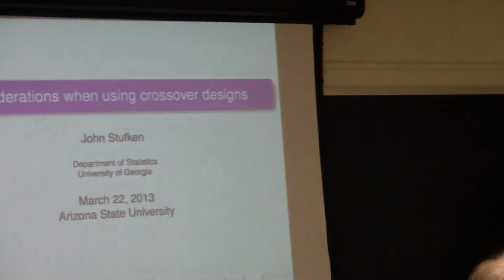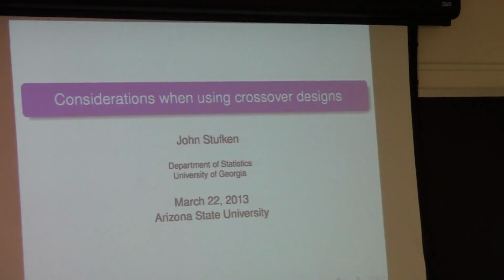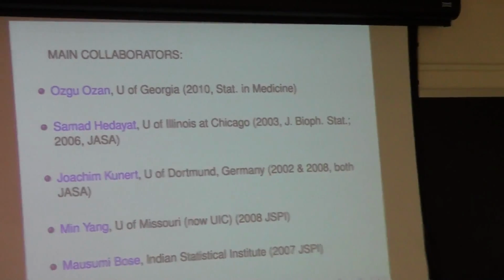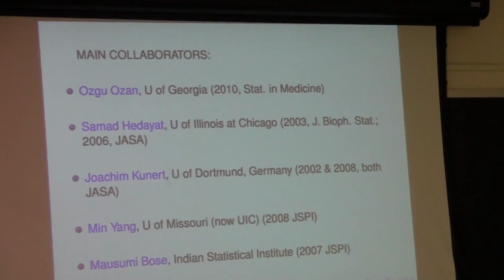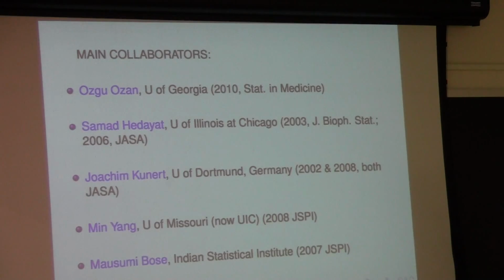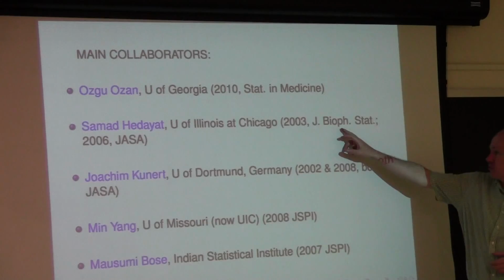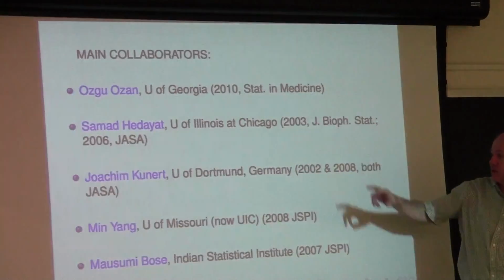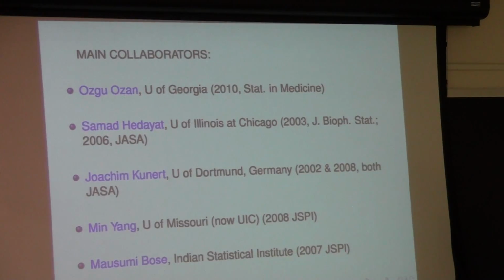It's a topic that I have worked on off and on for a long period of time. Here are some of my collaborators on papers that I have published on this topic. Stufken-22Mar was a student at the University of Georgia. I'll say a little bit about that work later on. There's a paper in the Journal of Biopharmaceutical Statistics that I published with Sam that is very closely related to this particular talk.